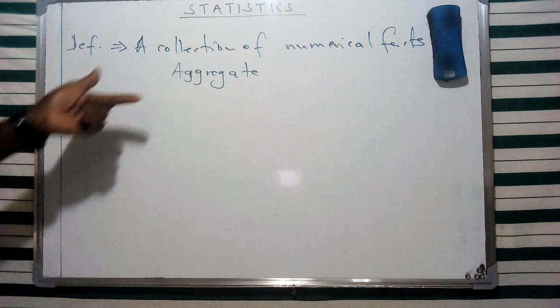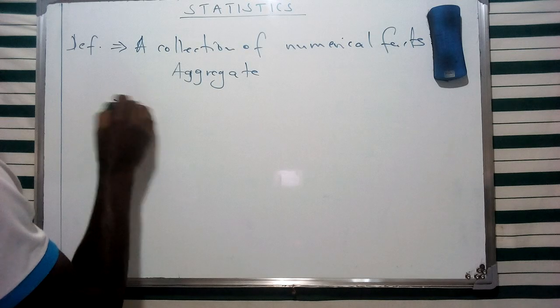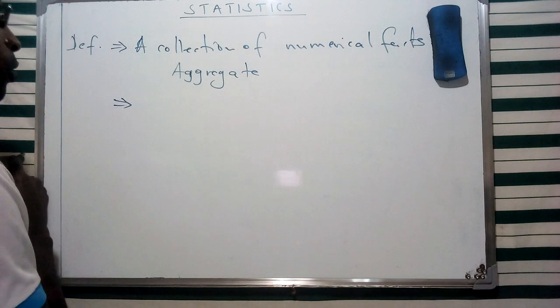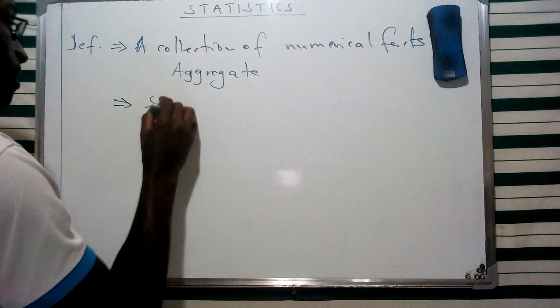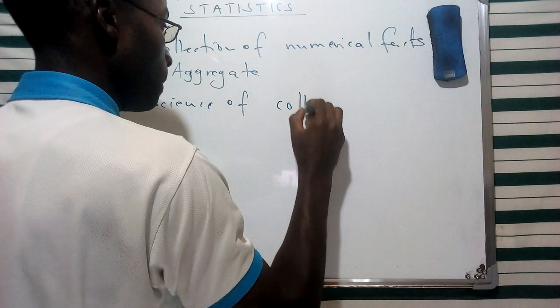Now, in this case, this is going to be a broader definition of this specific concept of statistics. But we're going to see that depending on the application areas, we're going to open up this one and give it a broader definition whereby we're going to define statistics as a science of a collection.